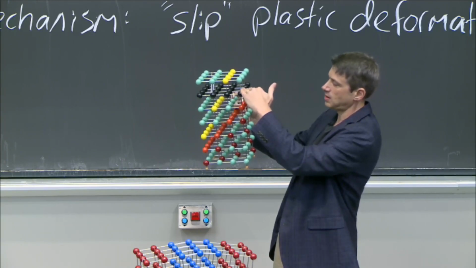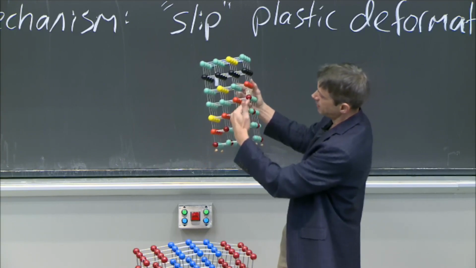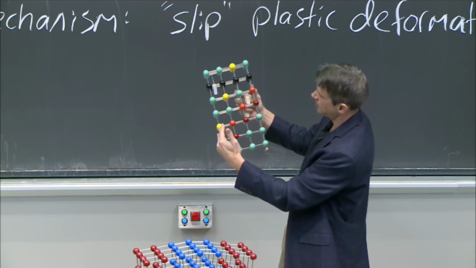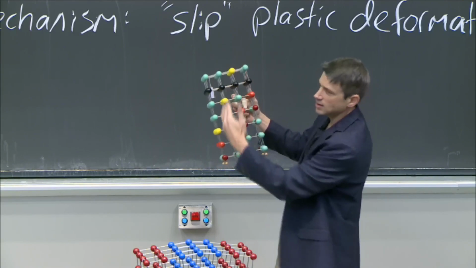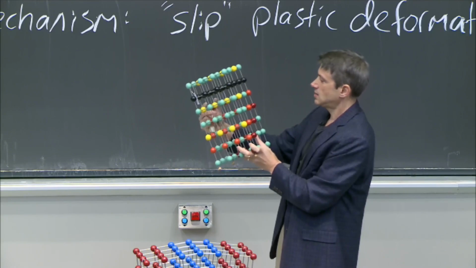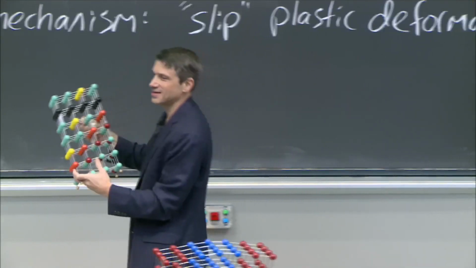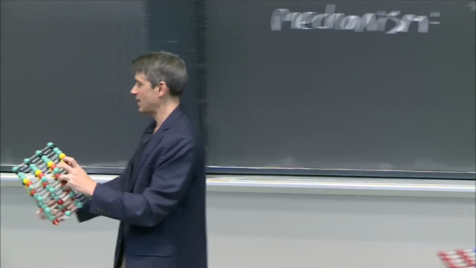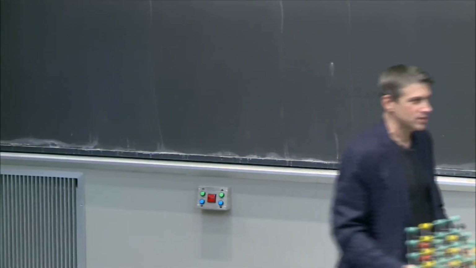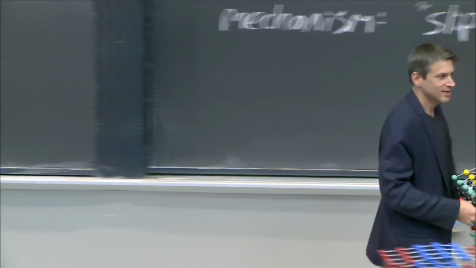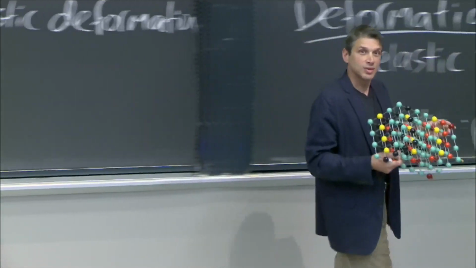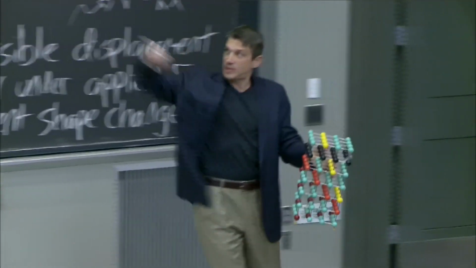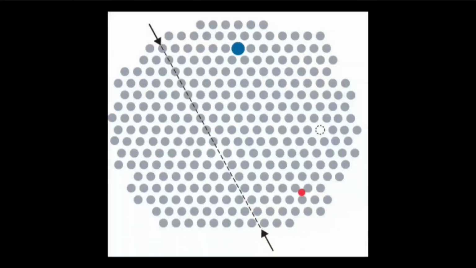Here's a plane, here's another plane, there's another one. Look at that yellow one there. So many planes. I got lost there, just thinking about it. You could get lost too. That's one of the planes.